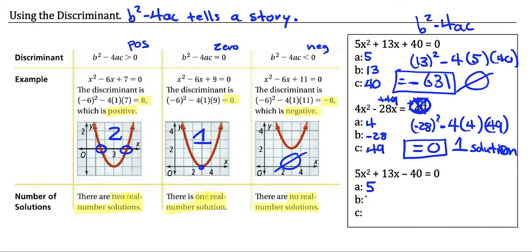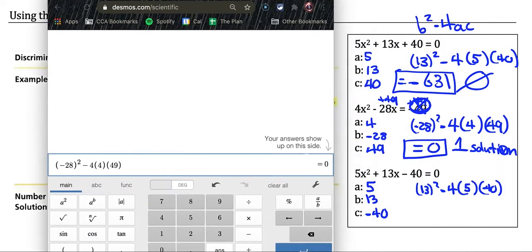Okay, last one, a value, b value, negative 40 for my c value. Okay, here we go. Bracket, bracket, squared, minus 4 times bracket, bracket, bracket, bracket. 13 squared minus 4 times 5 times a negative 40. All right, Mr. Calculator, let's bring you back into play.